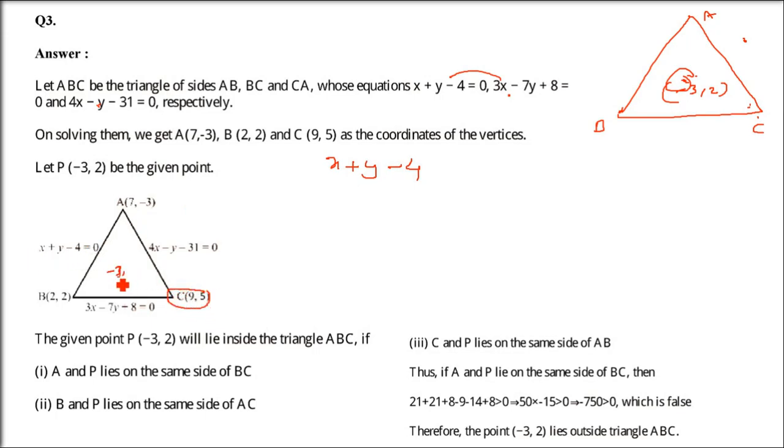So (-3, 2), I don't know whether it is inside or not. I'm just checking it. So I'm going to put these two points in here. X and y, I'm putting this (-3, 2). So -3 + 2 - 4. And then I'm putting this (9, 5). So 9 + 5 - 4.